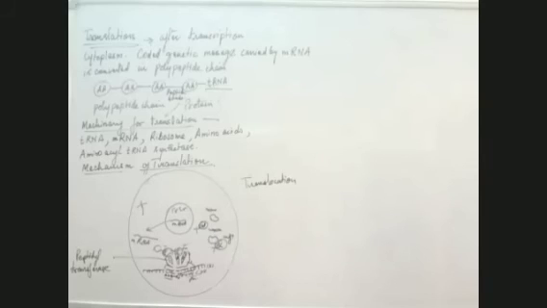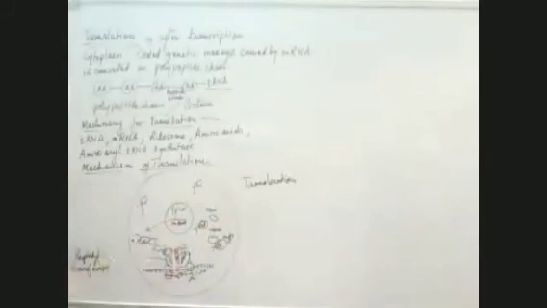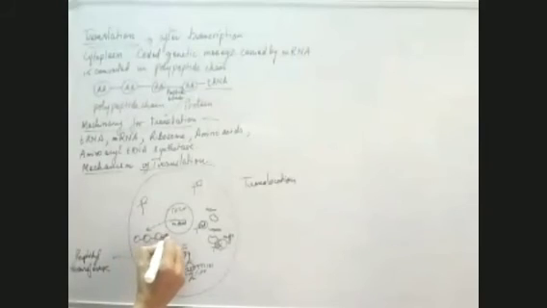This way, the complete amino acids have been used here for forming polypeptide chains. They move into the cytoplasm and bring another amino acid. They are ready to bring another amino acids. And thus what do we get? Finally, we get a polypeptide chain like this, with all the amino acids, which is a protein molecule.